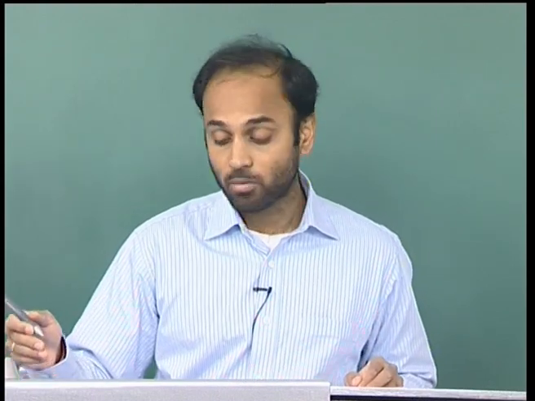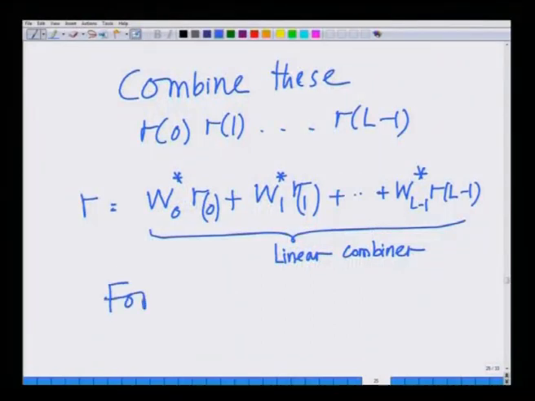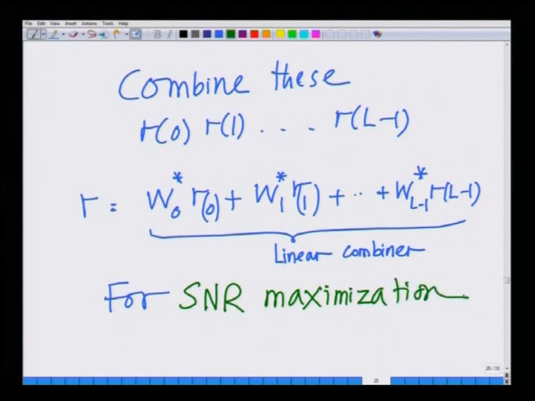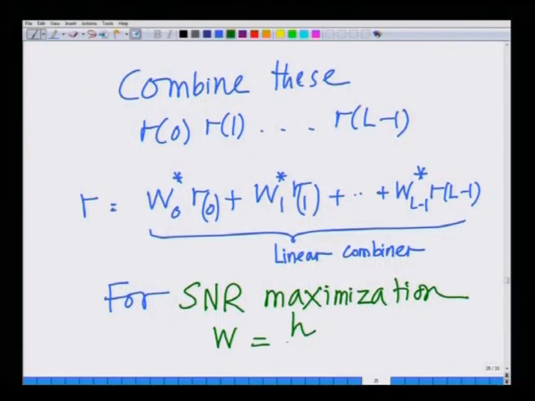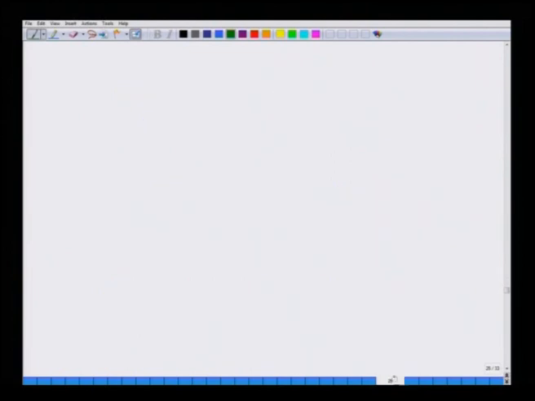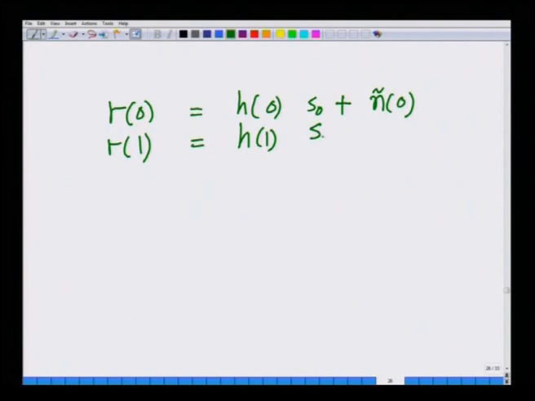So, the linear combiner for SNR maximization is nothing but the maximal ratio combiner, which is given as W equals H divided by norm of H, where the system model is now given as R0 equals H0 into S0 plus n tilde of 0, R1 equals H1 into S0 plus n tilde of 1, and so on and so forth.